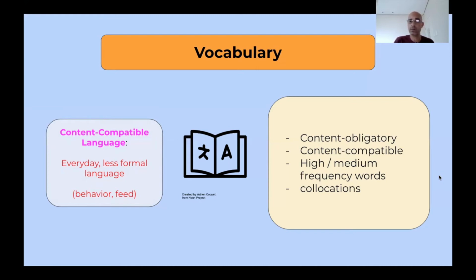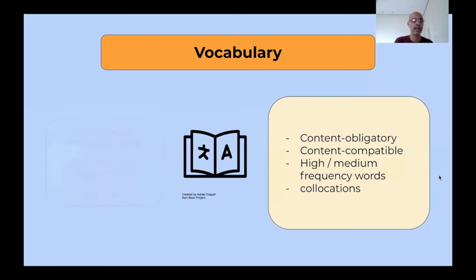I can talk about the word feed. Animals feed on each other, but I also feed my children or feed my friends when they come visit me, right? These are possible uses of the words behavior and feed. It's still needed for mastering that content, but there are other levels of specificity to these words. They can be used in other domains or contexts as well.